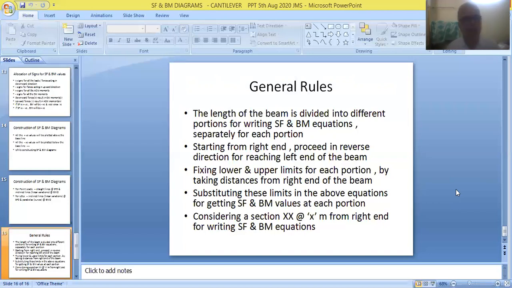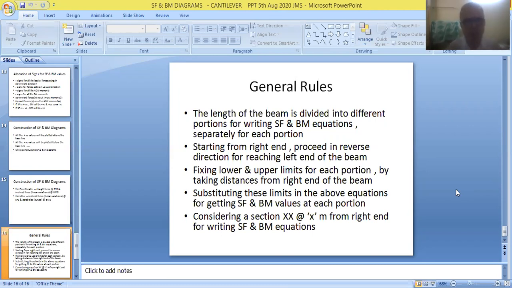So friends, finally we have come to the last slide. So these are the general rules to be followed while solving the problems. The length of the beam must be divided into different portions for writing SF and BM equations. So we have to do it separately for each and every portion.